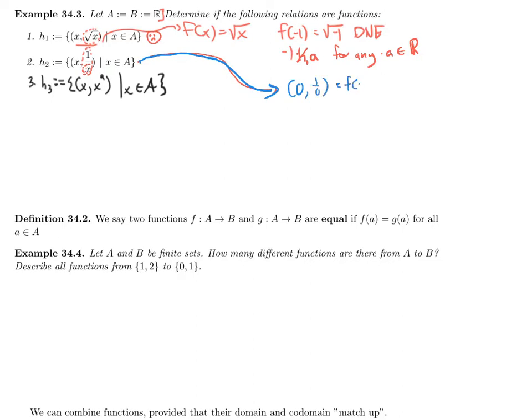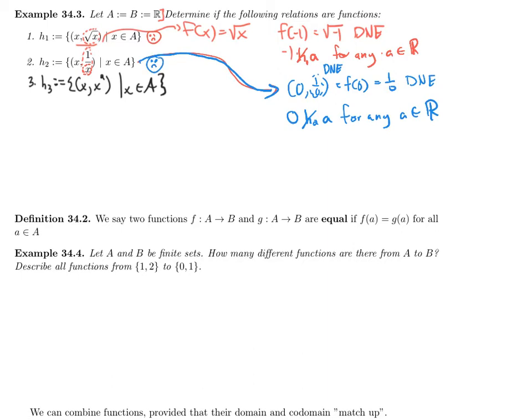Well, f of 0 is 1 over 0. That doesn't exist. That's not a real number. So this guy here, that's nothing. So that tells me that 0 is not related via H2 to any value a for any real number a. So this is not a function either.